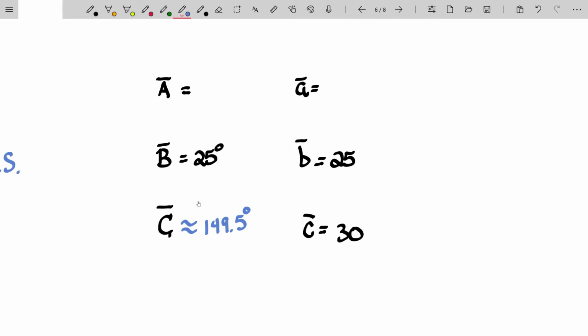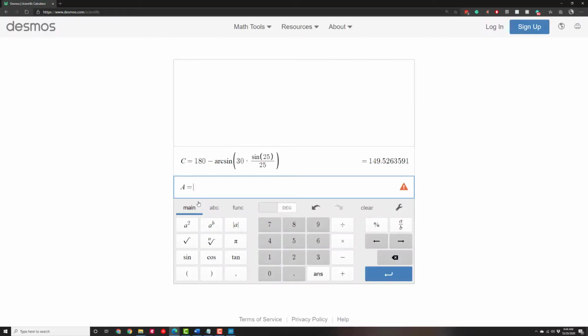And back on my paper here, I just write in that approximated value, but that's not what I'm going to use for my computations. Now I need to approximate the value for angle A by taking 180 minus that value of C minus 25. And so I go to Desmos for that.